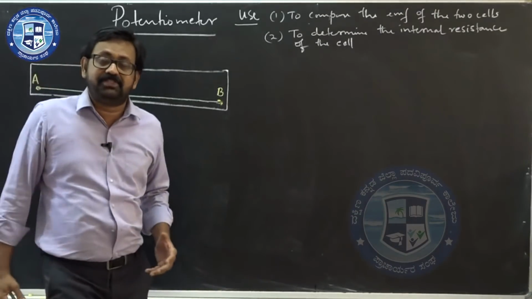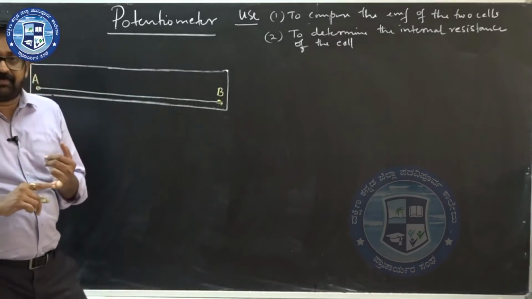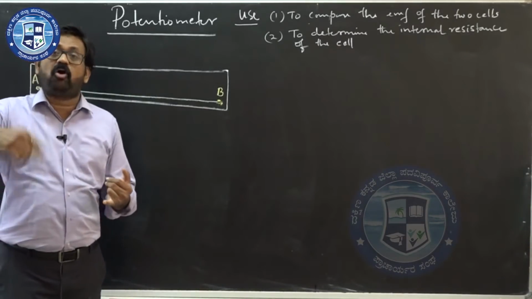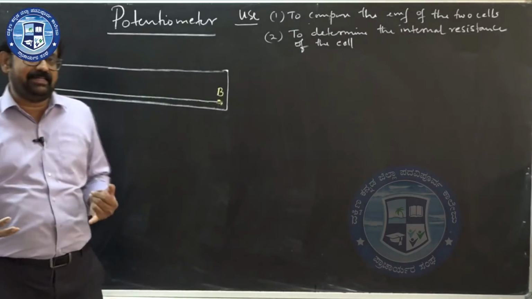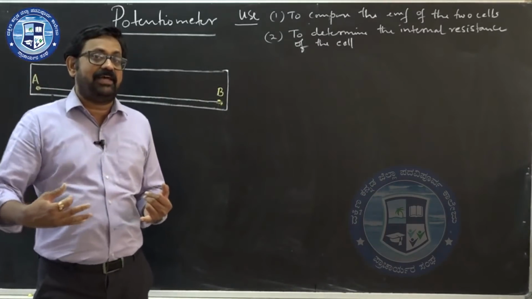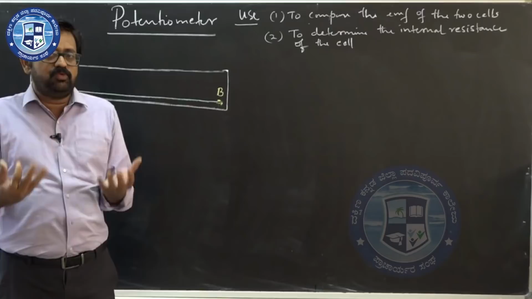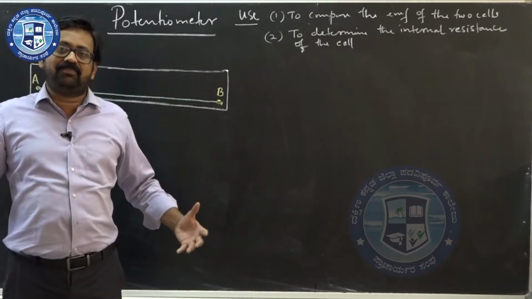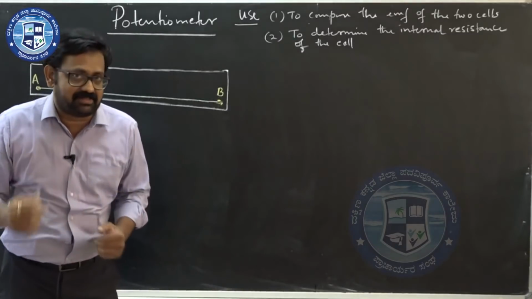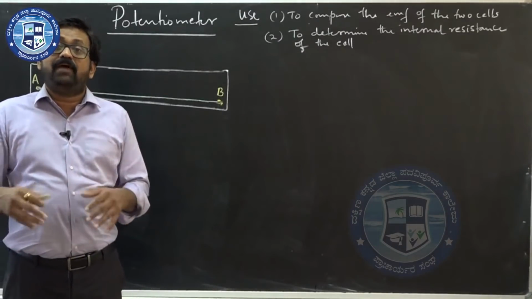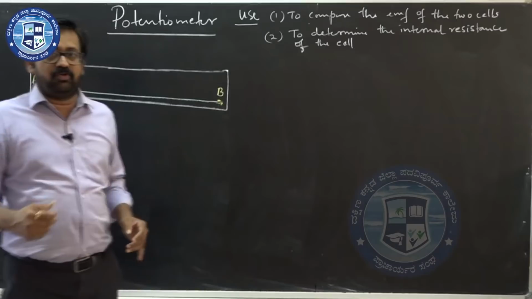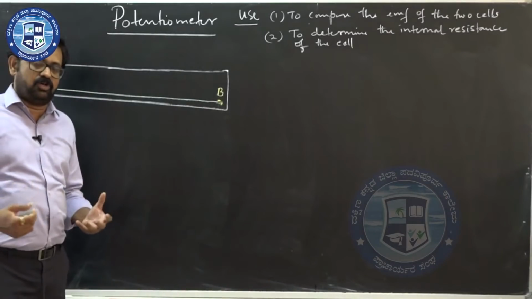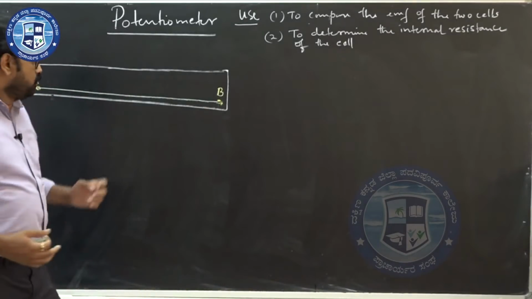Just like your meter bridge, here also we prefer nichrome or constantan or manganin, because these materials have high resistivity. What is the advantage of high resistivity? A smaller length of the wire itself is sufficient to have a high resistance, and they have a low value of alpha, the temperature coefficient of resistance, which means their resistance does not vary much with temperature.